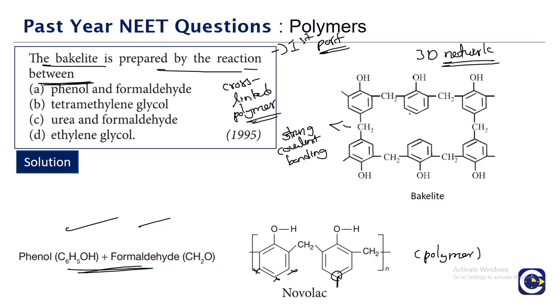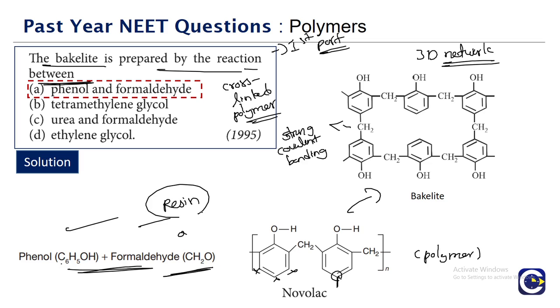So this is bakelite, a 3D structure formed by the cross-linking of novolac. The starting materials are phenol and formaldehyde. So what is the answer for this? It is option A. That is why bakelite is also called formaldehyde resin polymer. Low molecular weight substances like formaldehyde are able to fuse well and form the polymer.